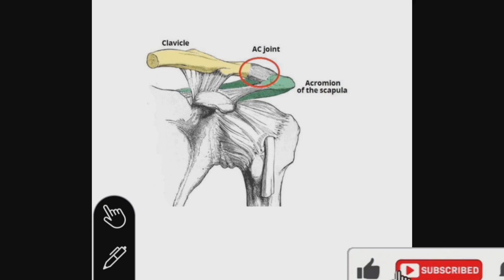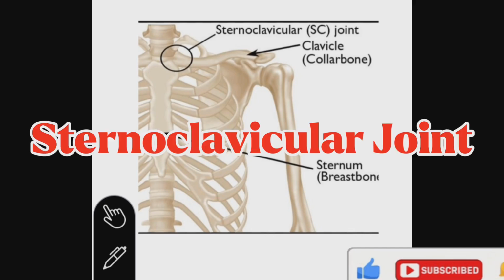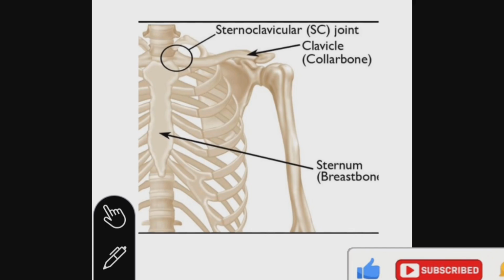Moving on, the sternoclavicular joint. The sternoclavicular joint is a saddle joint. It is formed by articulation between the sternal end of the clavicle and the manubrium of the sternum. So this is the sternal end of the clavicle and the manubrium of the sternum.